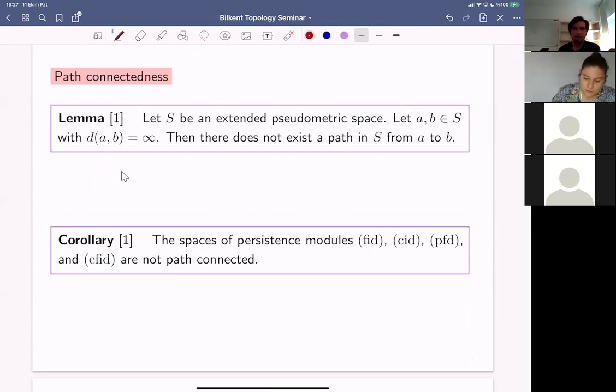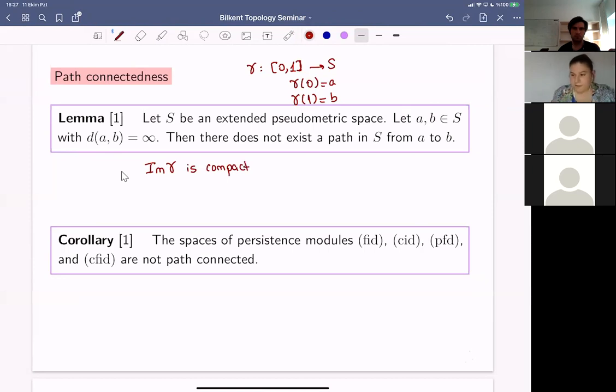This is because, assume not, so let's say there is a path from A to B in S, where gamma 0 is A and gamma 1 is B. This is a continuous function, so it's a path. Then the image of gamma is compact.